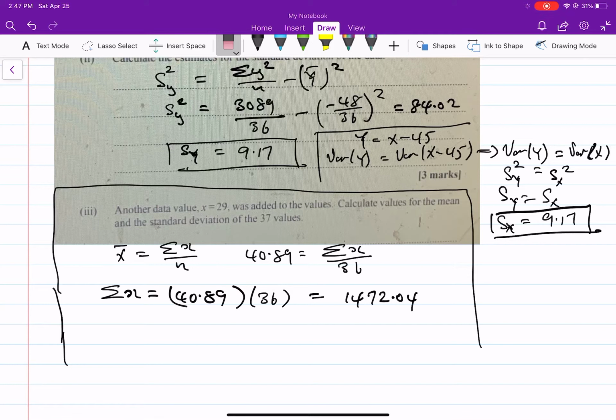Now the new x bar would have to be the sum of all the 36 values, 1472.04, plus the new number that I added in, which is 29, and divide that now by 37.